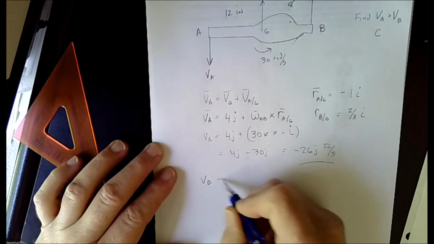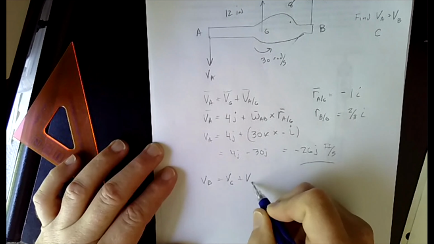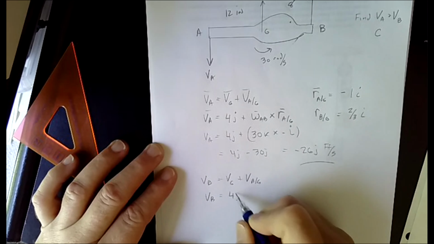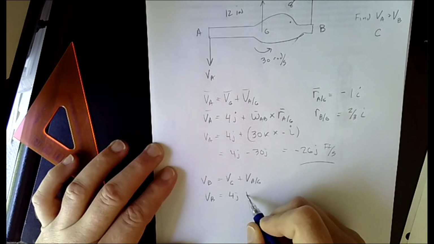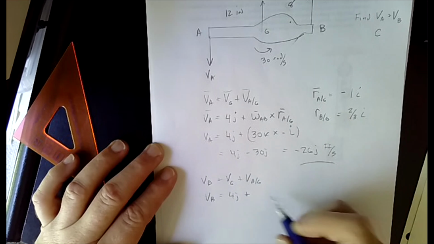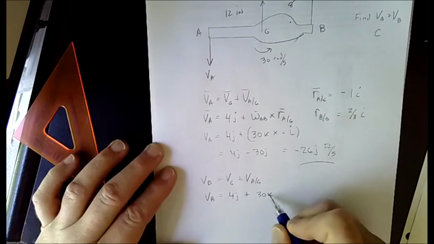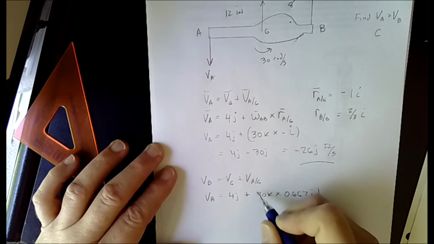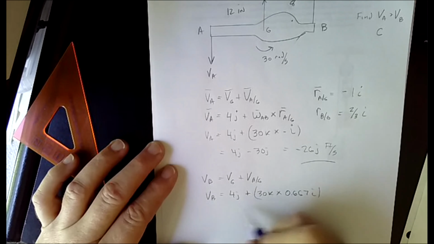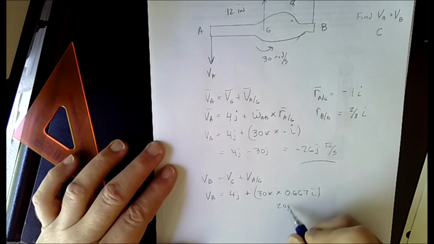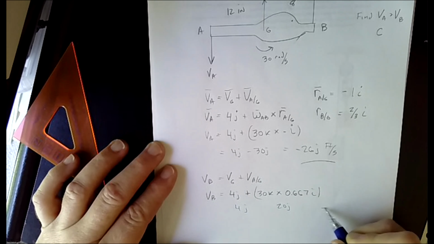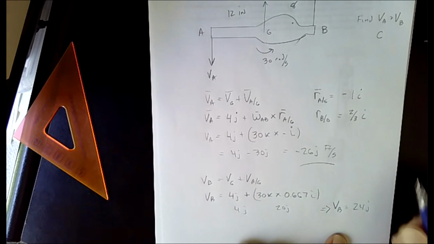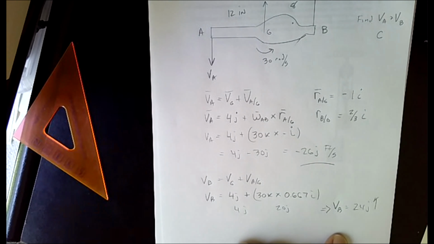VB equals VG plus VB relative to G. So VB is going to equal 4J plus 30K crossed with 0.667 I. And so this turns out to be 20J. So 4J plus 20J, we get VB equals 24J. All right, so that's going in that direction, which makes sense.